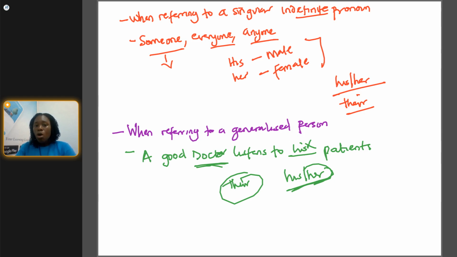Number two, you use "their" for a singular person when referring to a singular indefinite pronoun. And thirdly, you use "their" when referring to a generalized person.